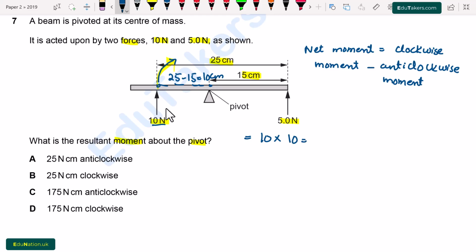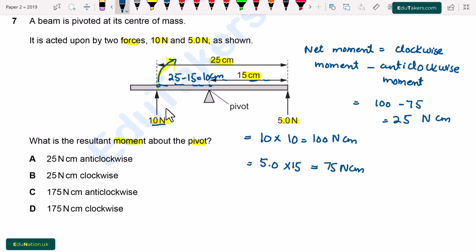So here will be 10 times 10, it is equal to 100 Newton centimeter, because here unit is centimeter. The anti-clockwise moment will be equal to 5.0 multiplied by 15, which is the perpendicular distance. It will be equal to 75 Newton centimeter. So the net moment will be equal to 100 minus 75, which is 25 Newton centimeter.